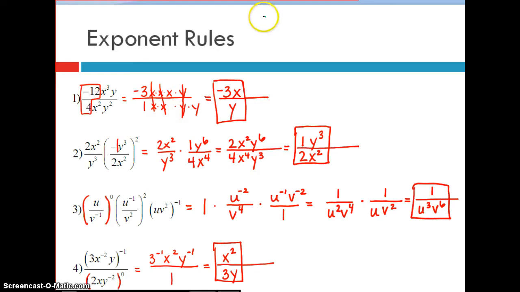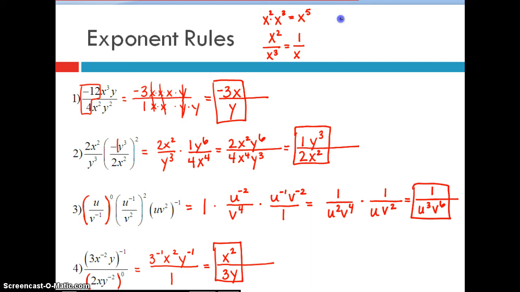Again, your exponent rules are the product rule. So if I had an x squared times an x cubed, we talked about how you add them. So that would be x to the 5th. We had our quotient rule, which would be x squared divided by x cubed, and that's where you subtract them. So you get a negative 1, so that means there'd be 1 on the bottom.